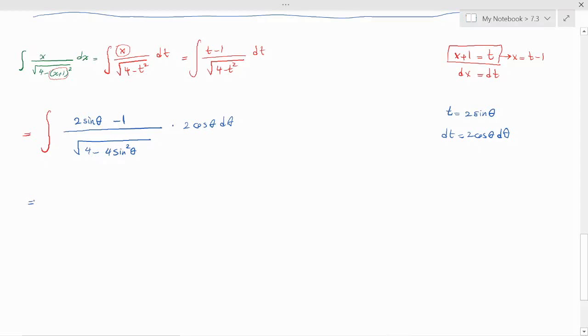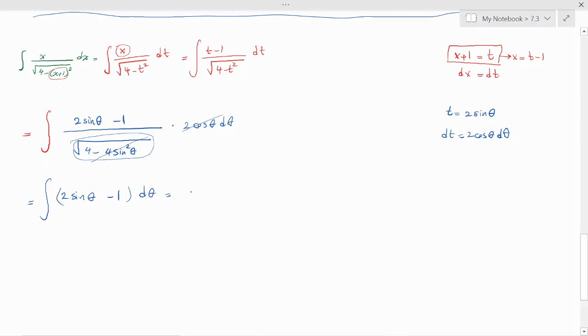Okay, so this integral would be the integral of, this is simply 2 cosine theta. So these two can cancel out. So what we have is 2 sine theta minus 1. And we need to integrate that.